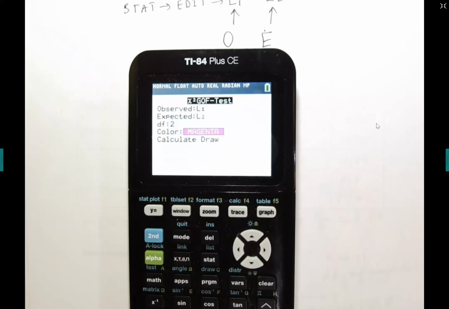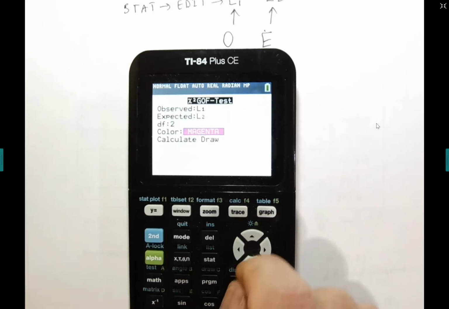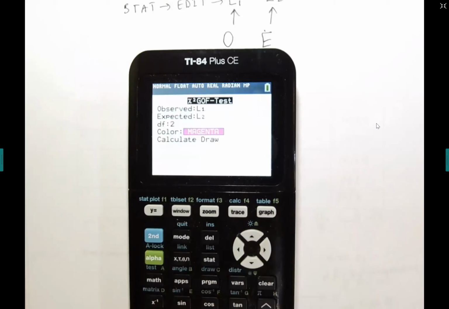Observed by default is L1. Expected by default is L2. You don't need to do anything. All you have to do, guys, is provide the degrees of freedom. And can someone remind me again, what are the degrees of freedom here? 4, I agree. Very good. Number of categories minus 1. Don't leave it as 2 or 3, whatever it is there, guys. You must change it.